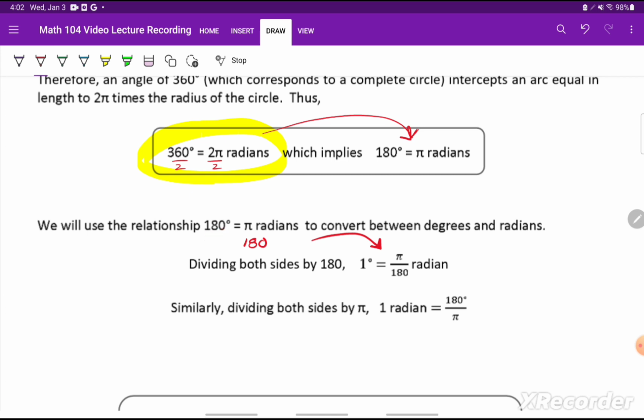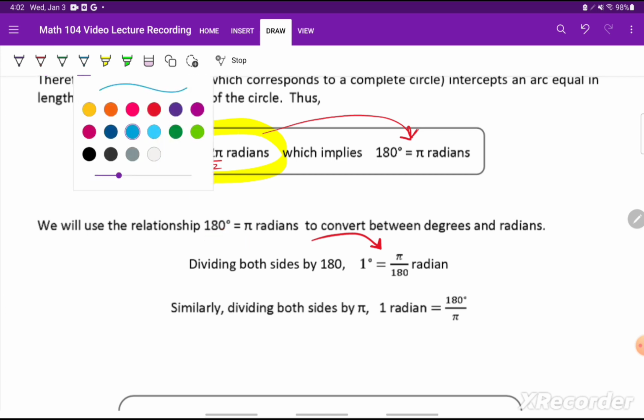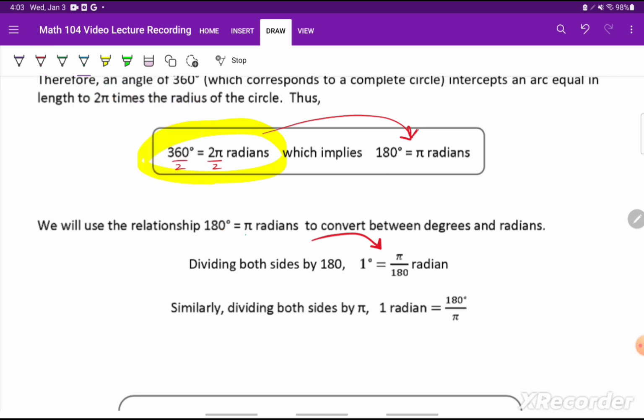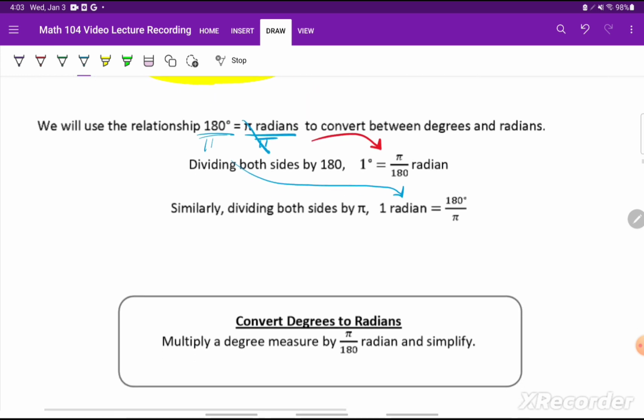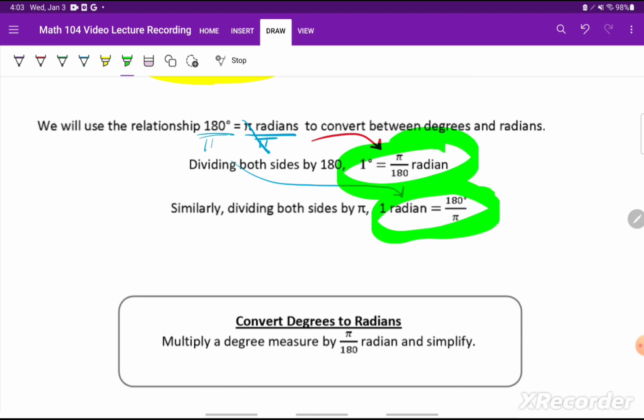Similarly, I could have taken that same equation and divided both sides by pi, and that would have brought us to the conclusion that 1 radian equals 180 degrees divided by pi. Well, these are the two relationships we're going to use to convert between radians and degrees.